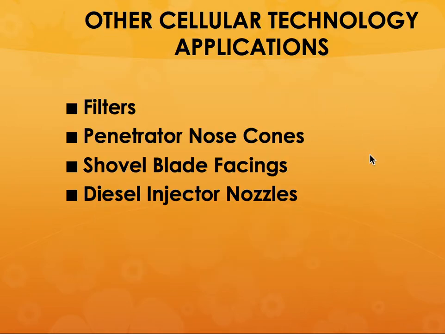So these are some of the big advantages. So you can have diesel injector nozzles. So if you have a material that can be burnt out, you may end up with a very, very tiny sized filter using these materials.